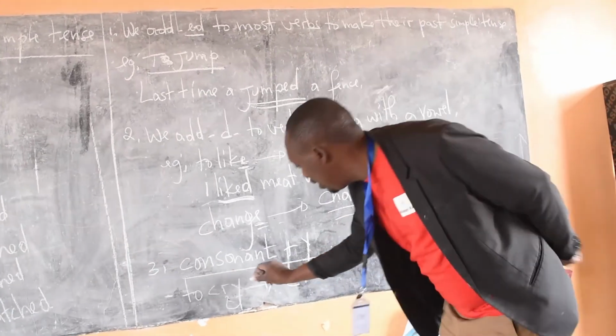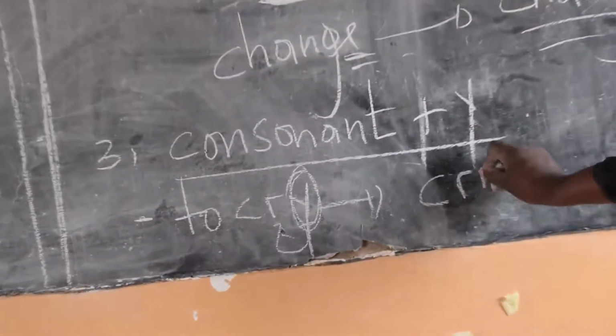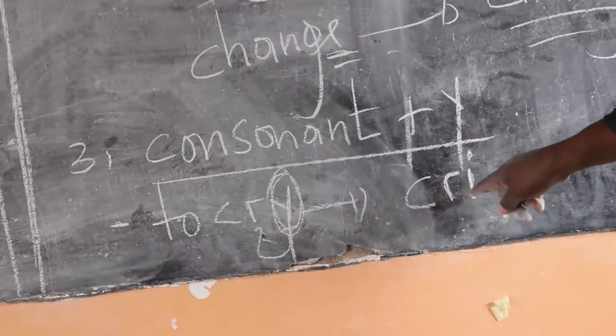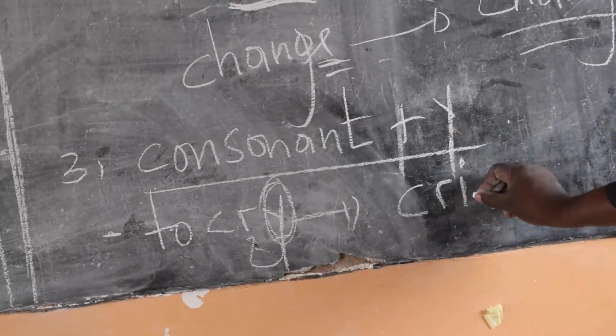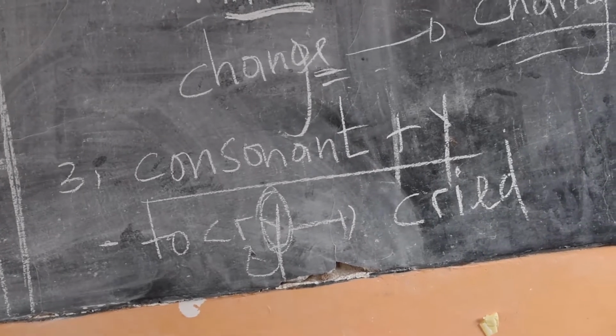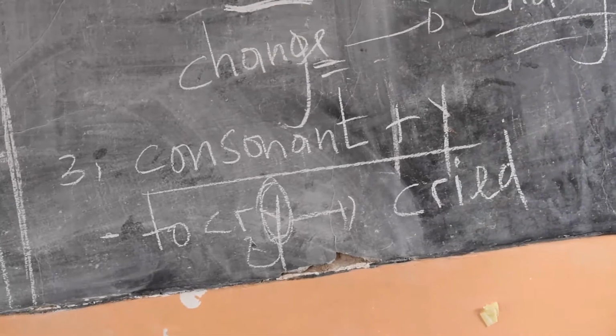Then this y is changed into i. We change this y into i, then we add ed. Can you see? Is it clear? I think it is clear and simple.